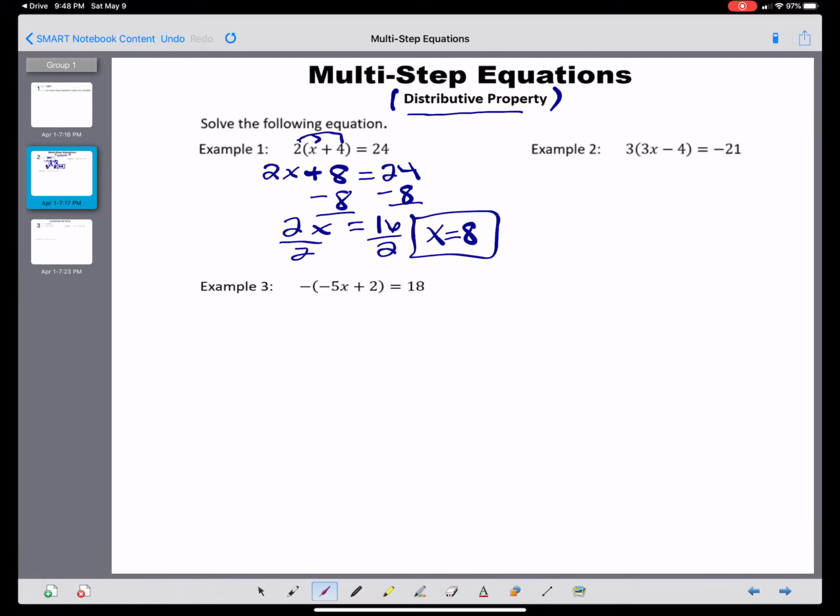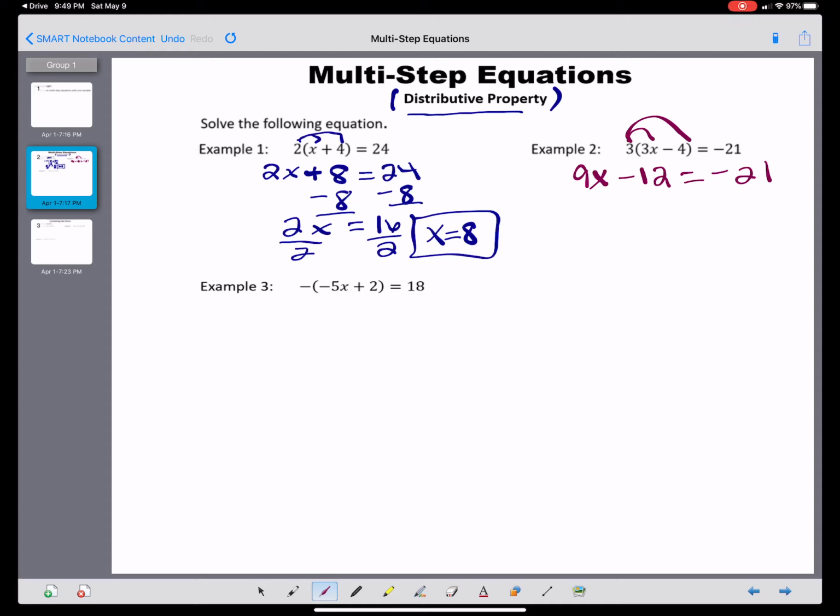I have this 3 outside of the parentheses, and when we see parentheses, we multiply. So 3 times 3x is 9x. 3 times negative 4 is negative 12, is equal to negative 21. We need to add or subtract first and then multiply and divide last.